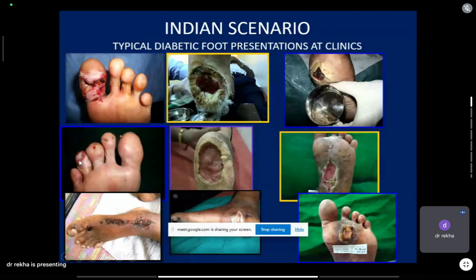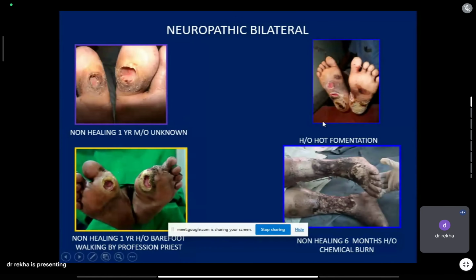This is a rat bite, and this is an ant bite. This patient came with a foreign body prick, and this is also a neuropathic ulcer. This is a neuropathic bilateral high risk foot ulcer on the plantar surface of both great toes.